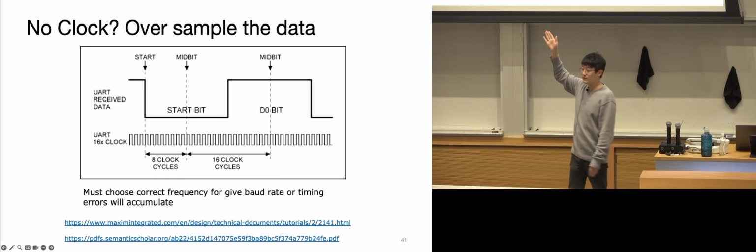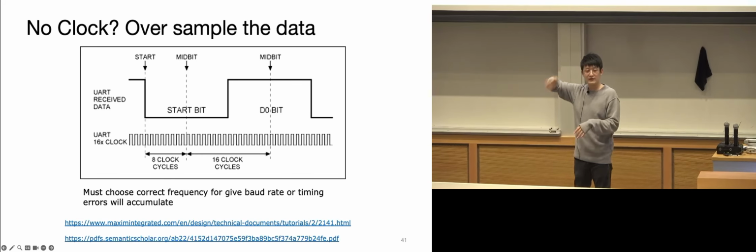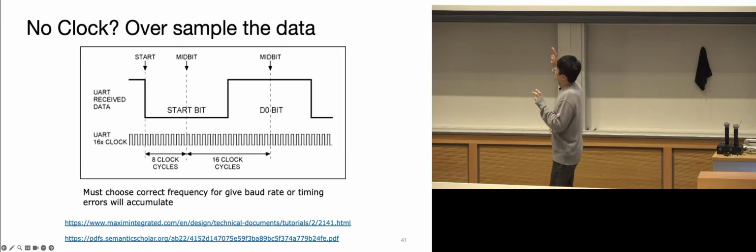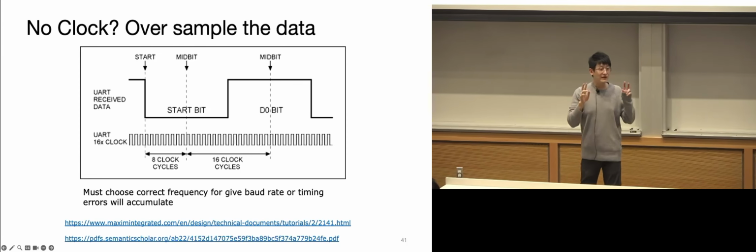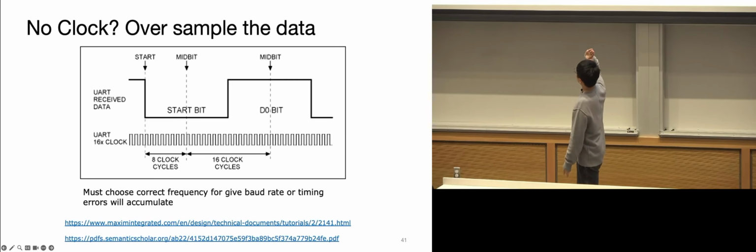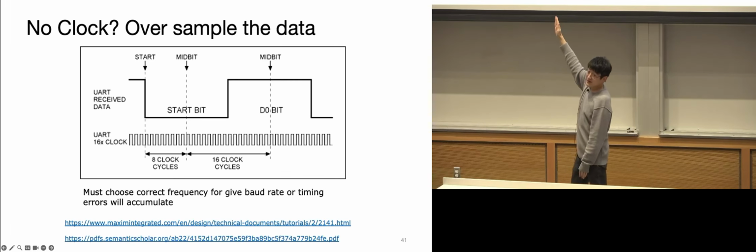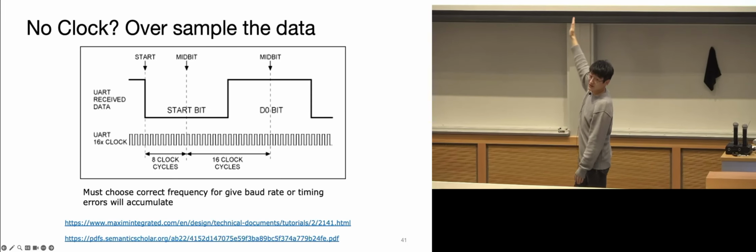Whenever there is the first logic low, which means the start bit, the UART clock will start to count 8 clock cycles, which is half the size of the data transmitting period, and then you clock the data there, and then every 16 cycles you clock another one.